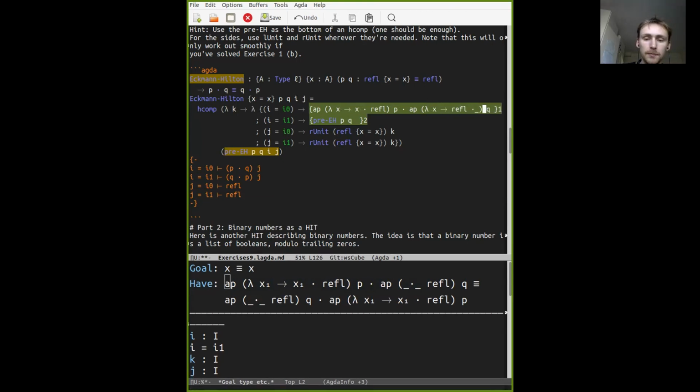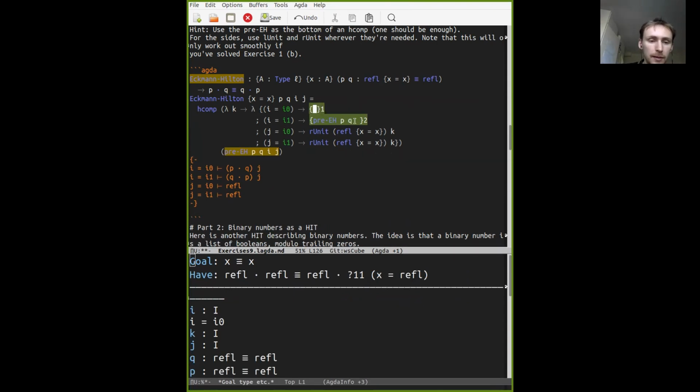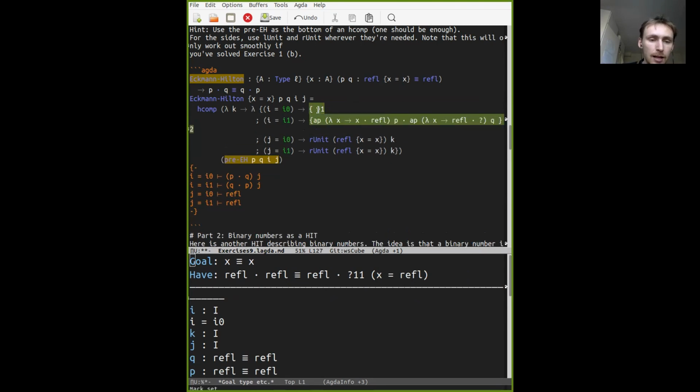So it's this thing. Well, okay, let me just save this here. Let's actually write out what this is. This is lambda j of p j composed with refl, composed with lambda j of refl composed with q j.